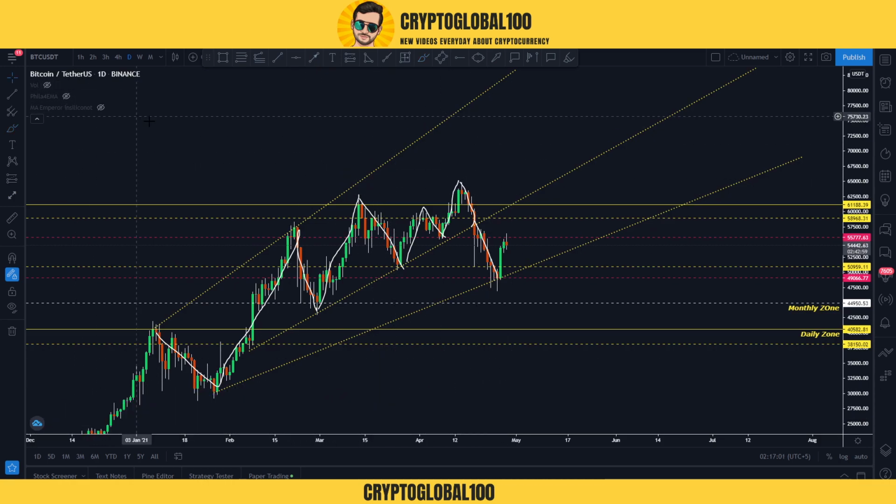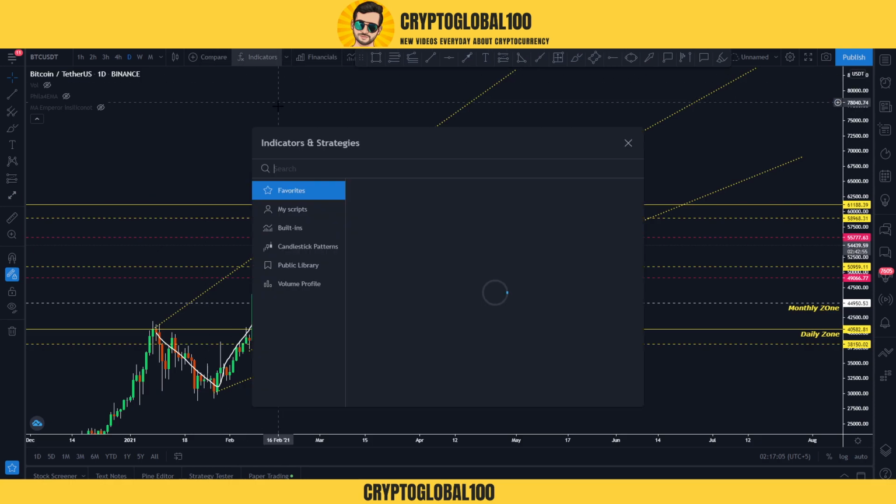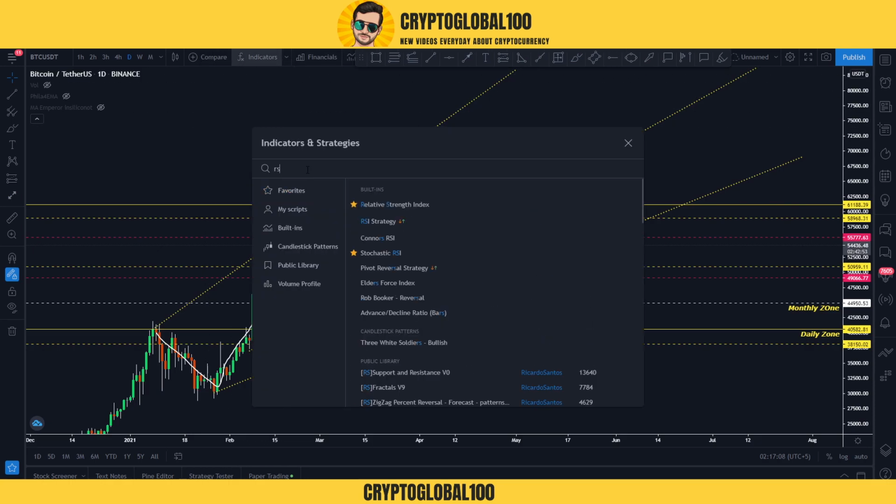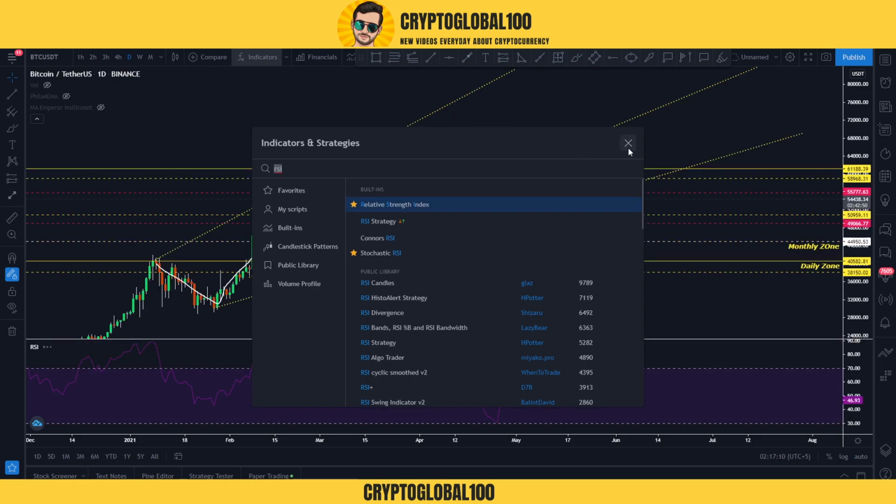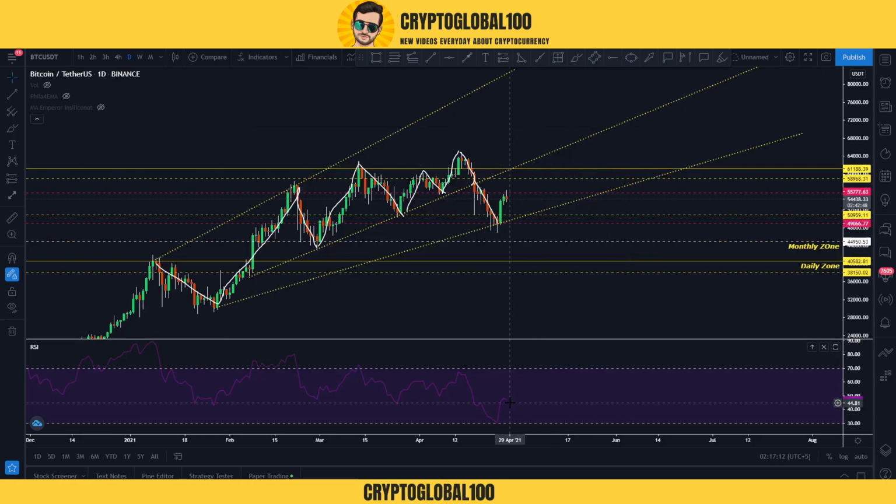So let us check, if we look at the RSI, what general perspective it gives us. Let's take a look here. You see the RSI. Okay, so you see here we have found divergence.